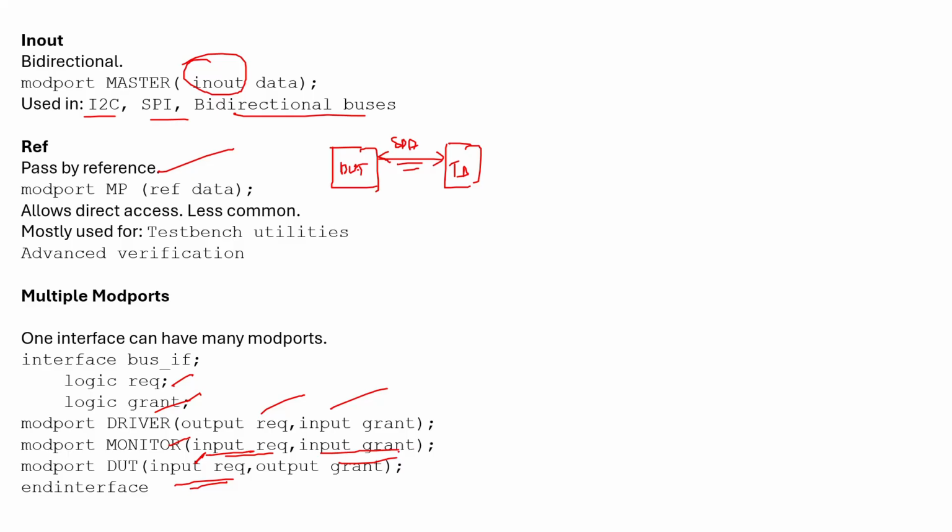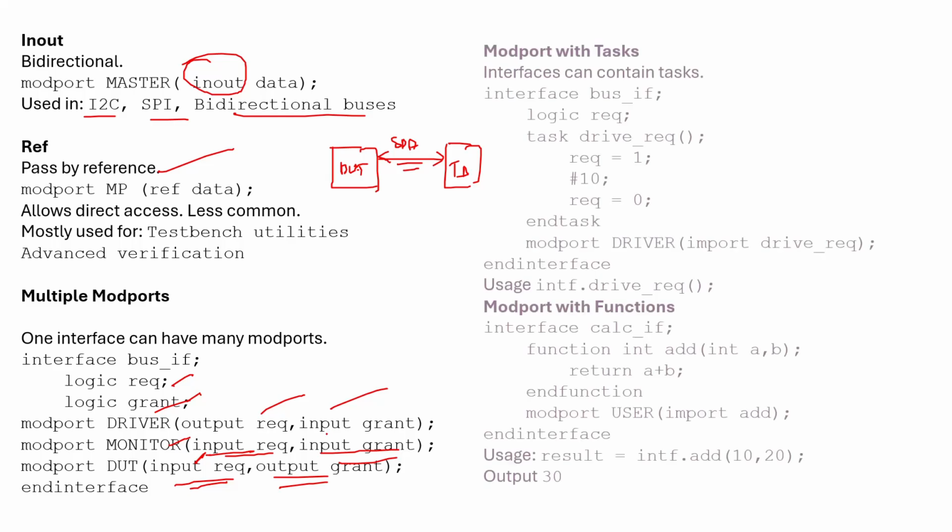But for the DUT, we can reverse that from the driver signals. So modports with tasks work the same way. Previously I have represented the tasks, right? Some driver request, driver reset. And modports with functions also.